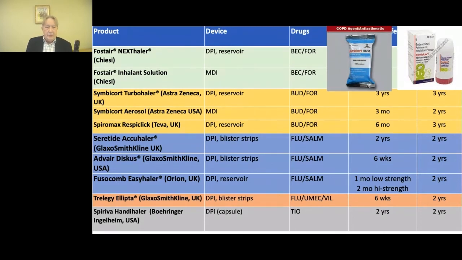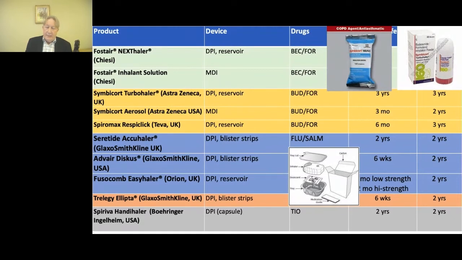Now let's look at the Ellipta, a widely used inhaler across the world. Essentially it's got a 6-week user life and then roughly a 1.5 to 2 year shelf life. When a patient gets the Ellipta, it comes in a box. Inside that box is a packet.